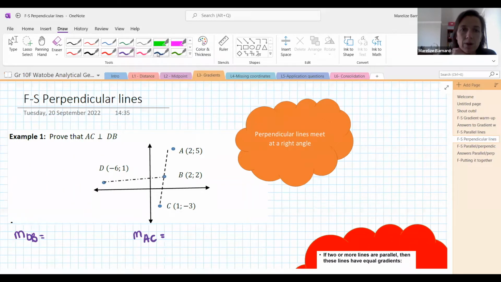Just listen up, everyone. We do need to make a quick correction here. Point D, the coordinates must be 10 and 1. Otherwise, it might not work.